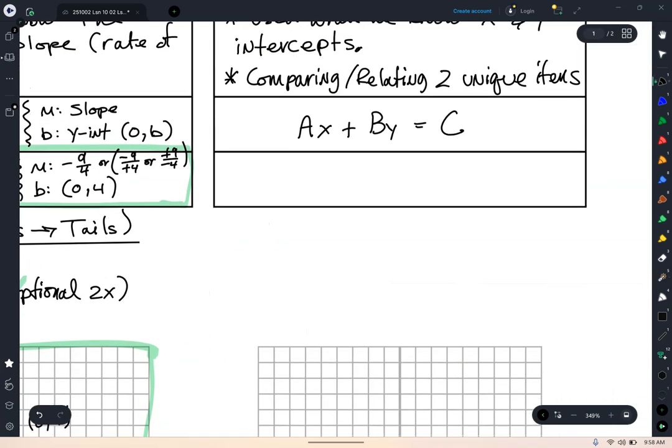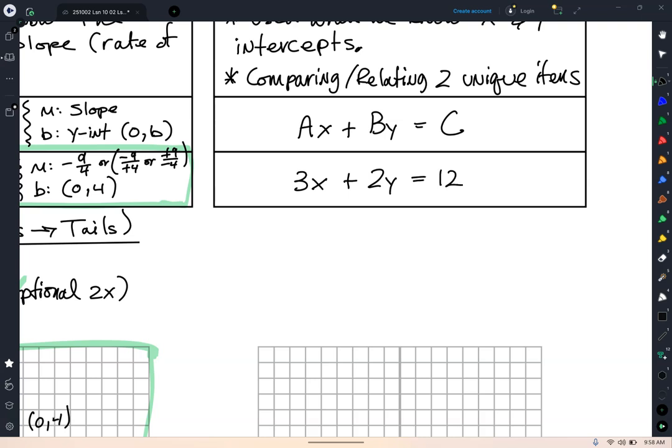The example I'm going to give you is this: 3x plus 2y is equal to 12.